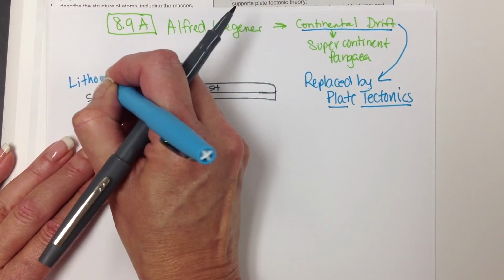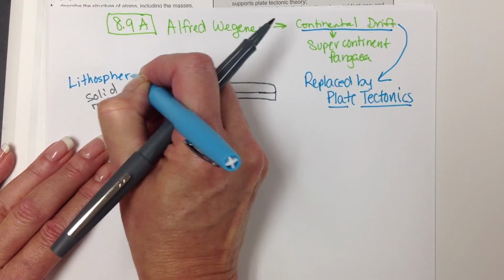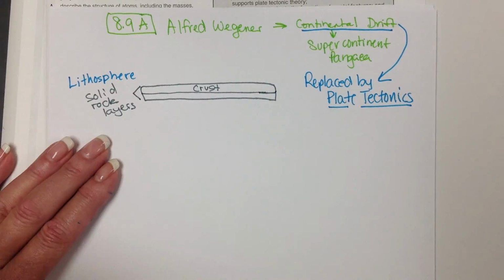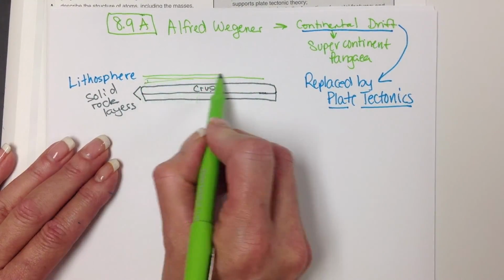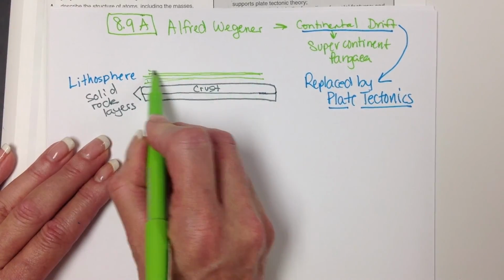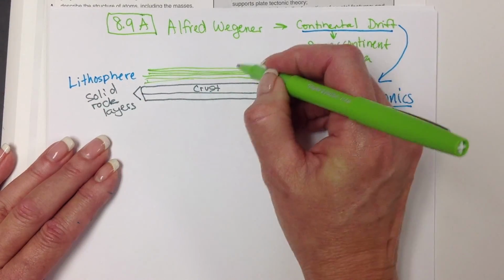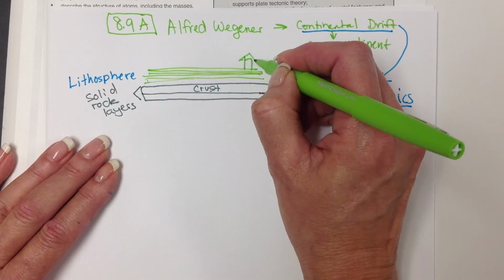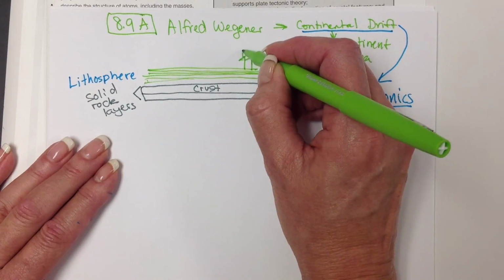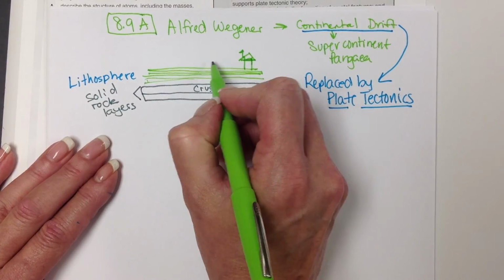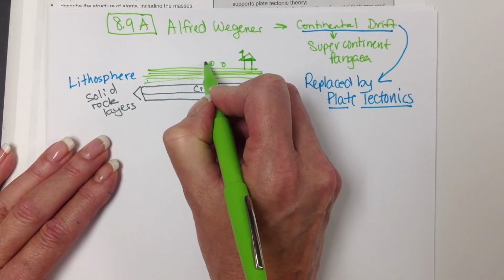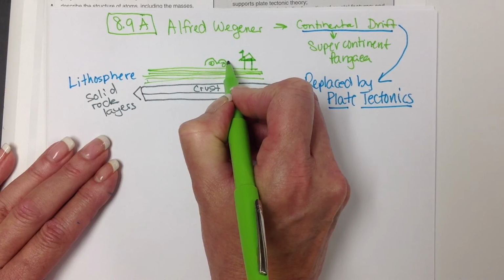Lithos means rock. Now, on top of the lithosphere, you'll find all the different sediments and everything until you find way up here our little homes and gardens and our school, all the buildings around and roads and cars. So there you go. It's all up on top of here.